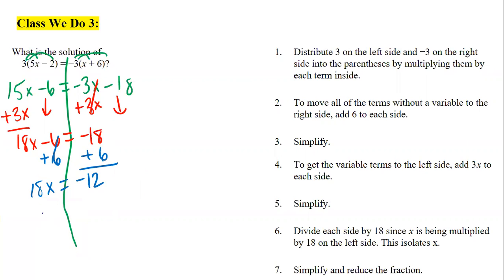And then my final step is to divide. Notice how it says reduce the fraction. So we have x equals -12 divided by 18. How can I reduce 12 and 18? 2 over 3. And how did you get there? You divided both by 6.